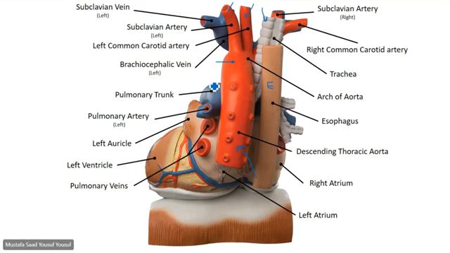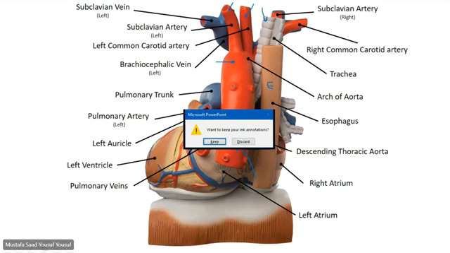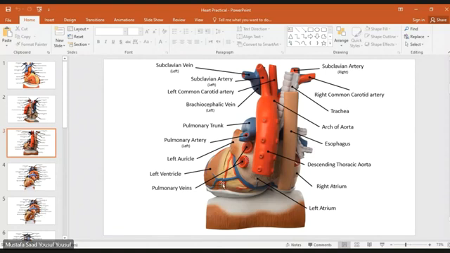Okay, a question. From the view I see in front of me now, how do I know whether this is left or right? If I look at this model from this aspect, how do I know that this is right or left? The apex, descending aorta maybe. Descending aorta, yes.